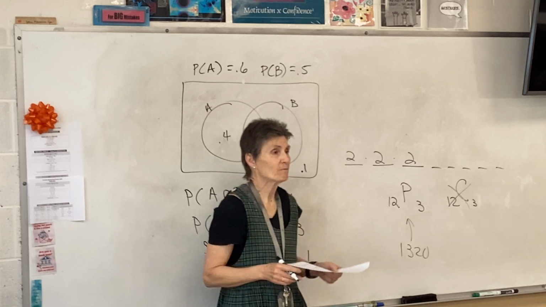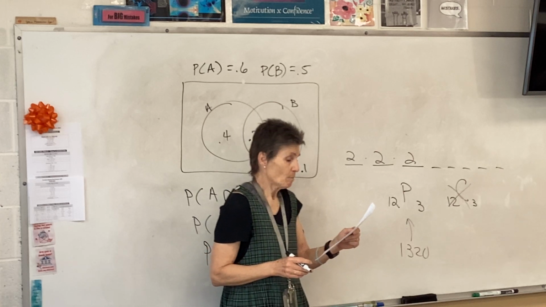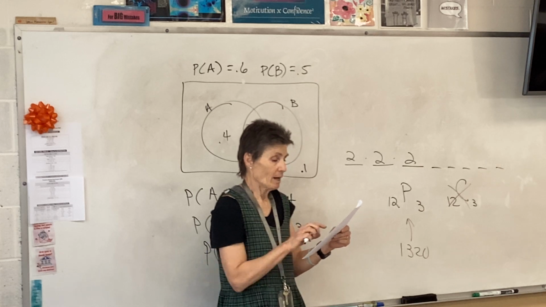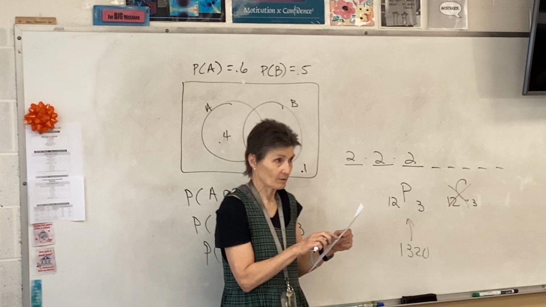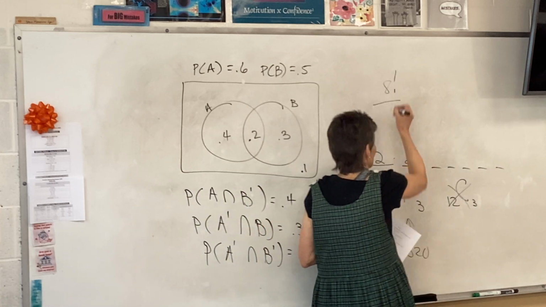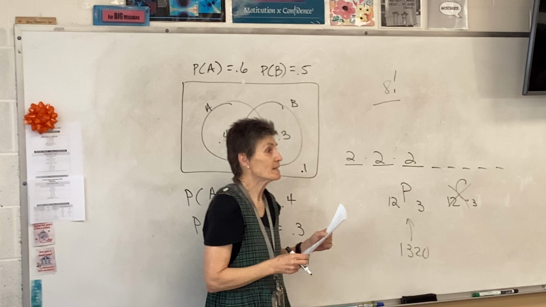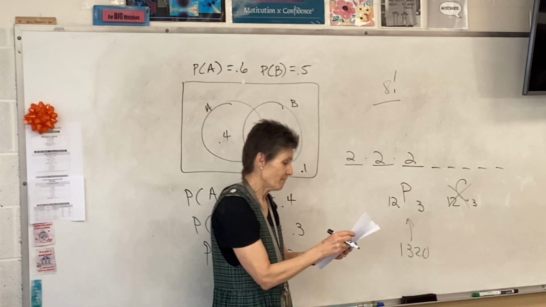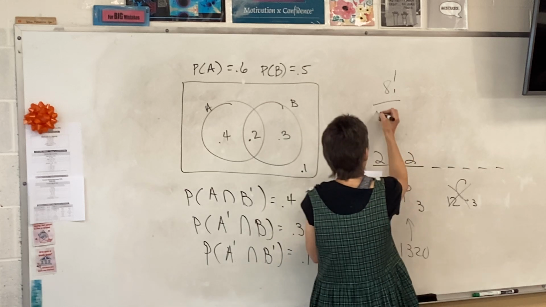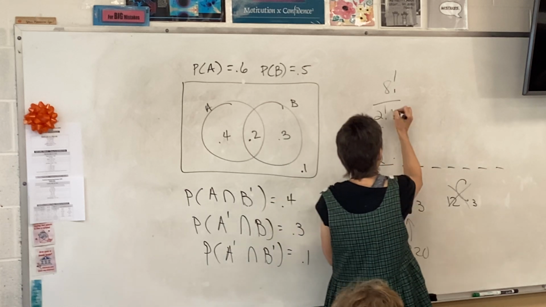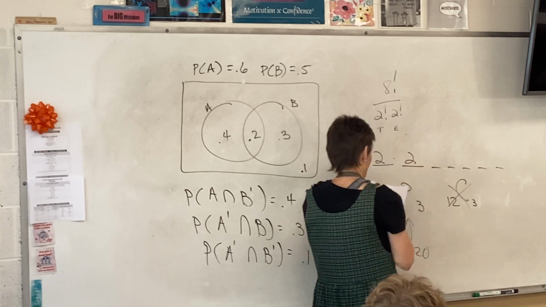All right, one more, number 5. How many ways can I arrange the letters of the word pretty? Well, there are 8 letters altogether, right guys? So I'm going to start with 8 factorial. But what do I notice about the letters? So what have I got that's a repeat? I've got 2 T's, 2 R's, 2 E's.